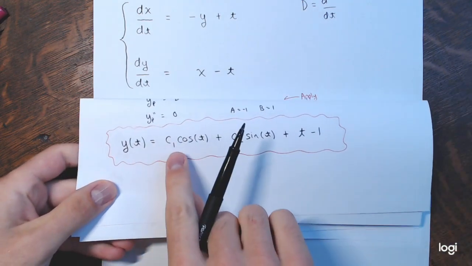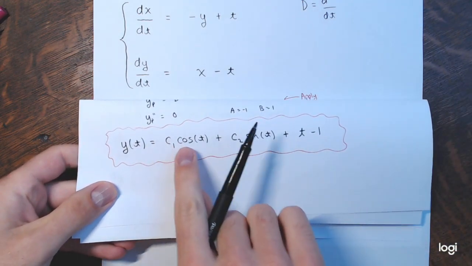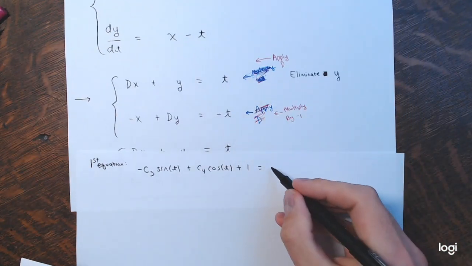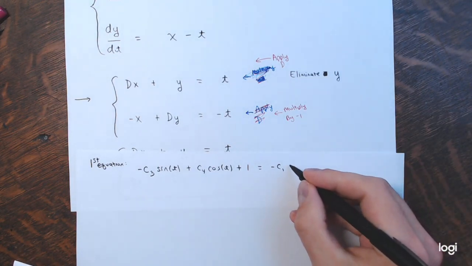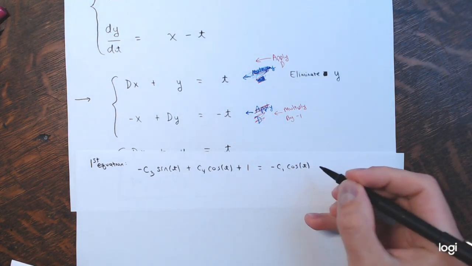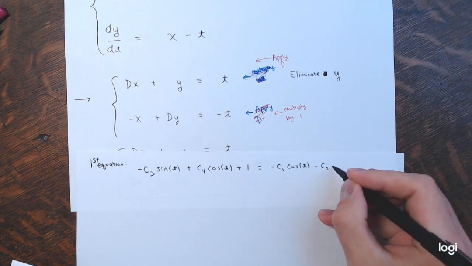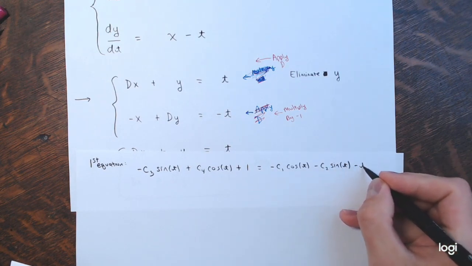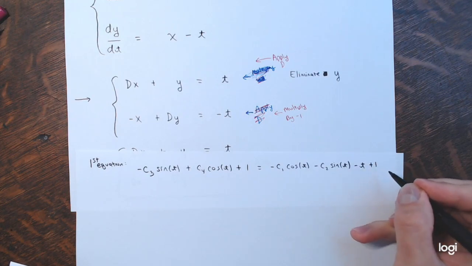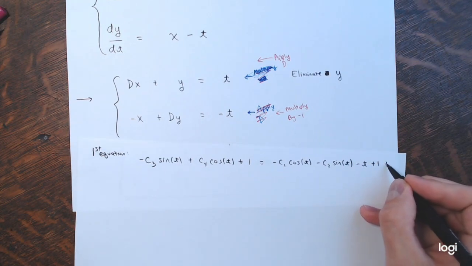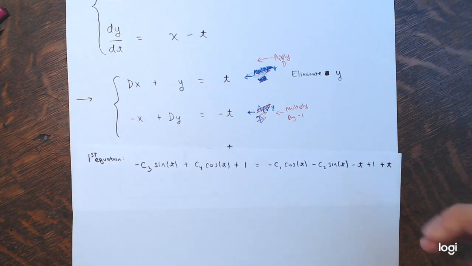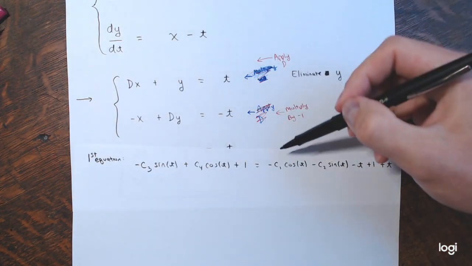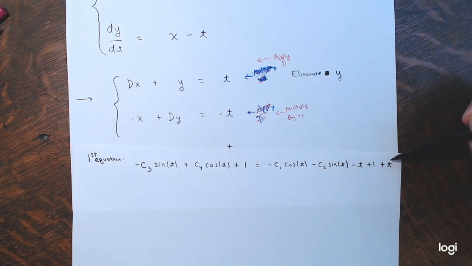So the opposite of this, so minus minus minus plus, equals negative c1 cosine t minus c2 sine of t minus t plus 1, and then plus t. Then we got the plus t. So dx dt, left side, equals the opposite of y, and then plus t.